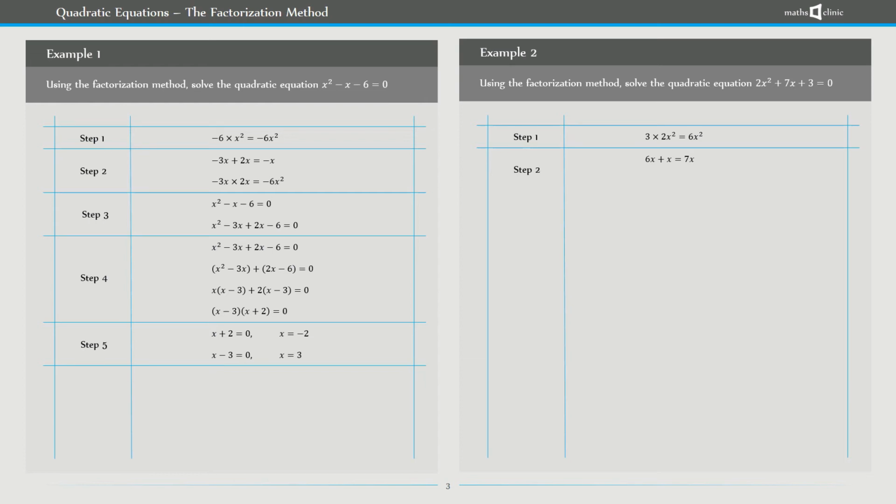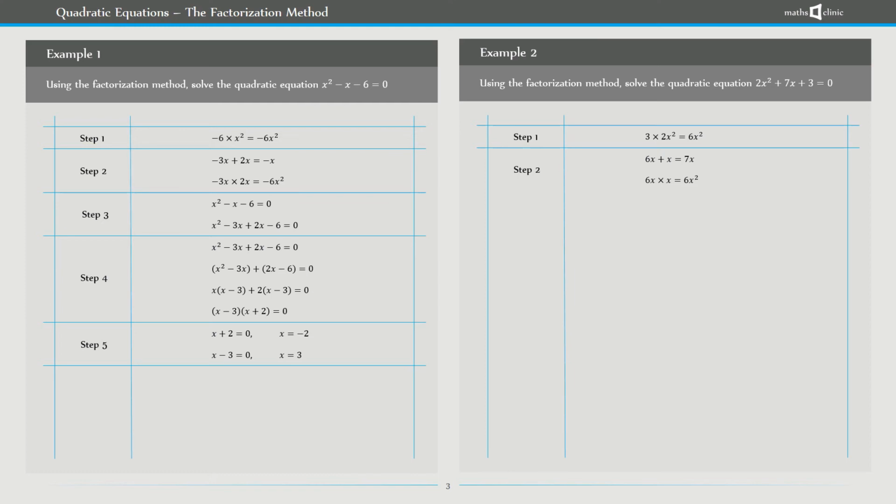The next thing I want to do is find two terms that I would multiply to give me my answer from step 1, and when I add them up, I get the middle term, sorry. So we have the result from step 1 and the middle term.